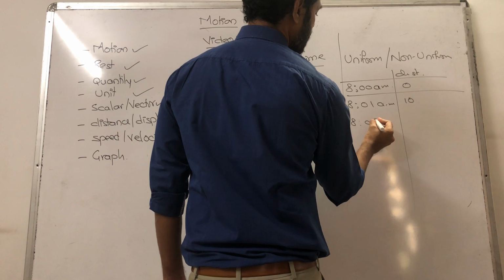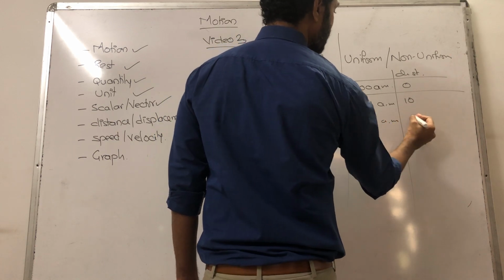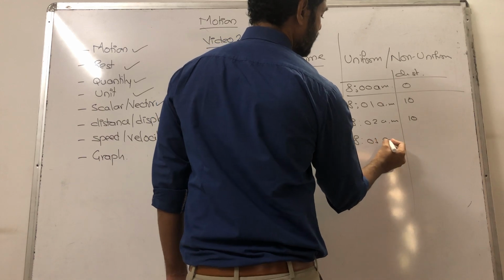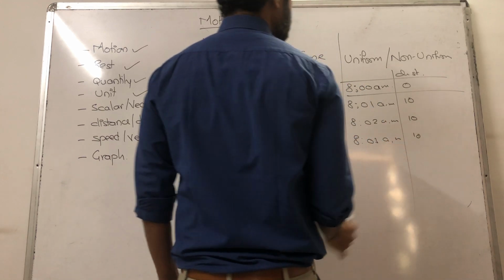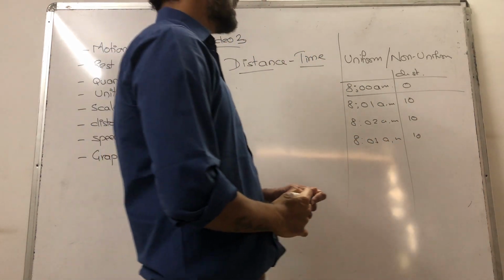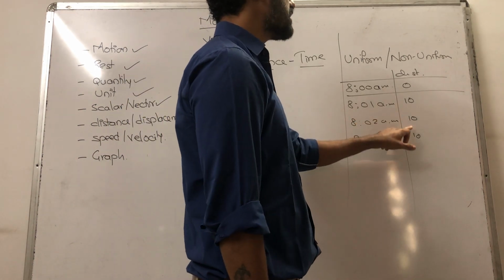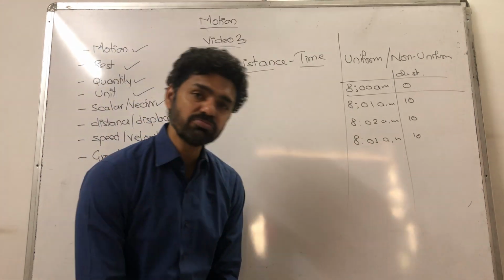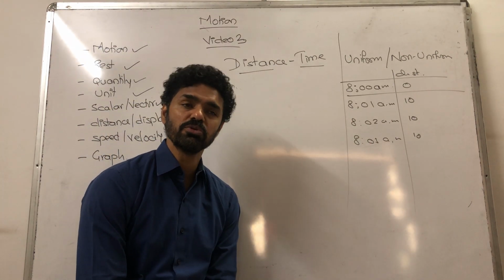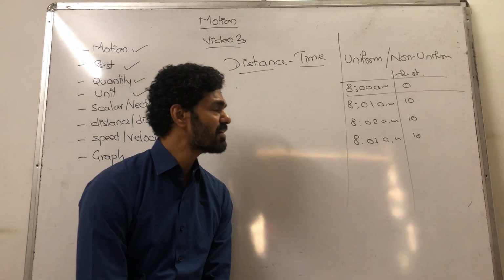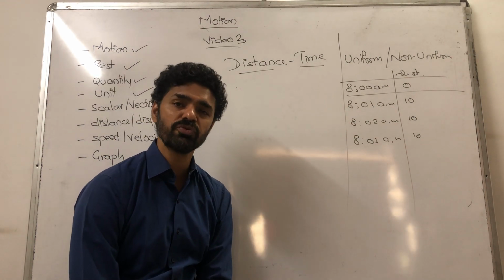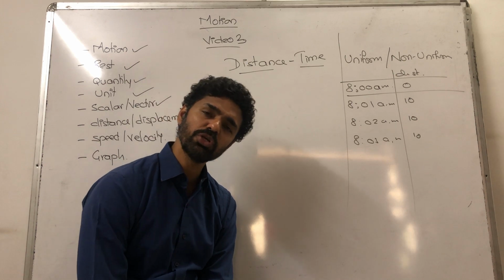In next 1 minute, the object travels another 10 meters. In next 1 minute, the object travels another 10 meters. So we observe here that every 1 minute the object is traveling 10 meters. So we would say the motion of the object is uniform motion, because the object travels equal distances in equal interval of time. What is non-uniform motion?